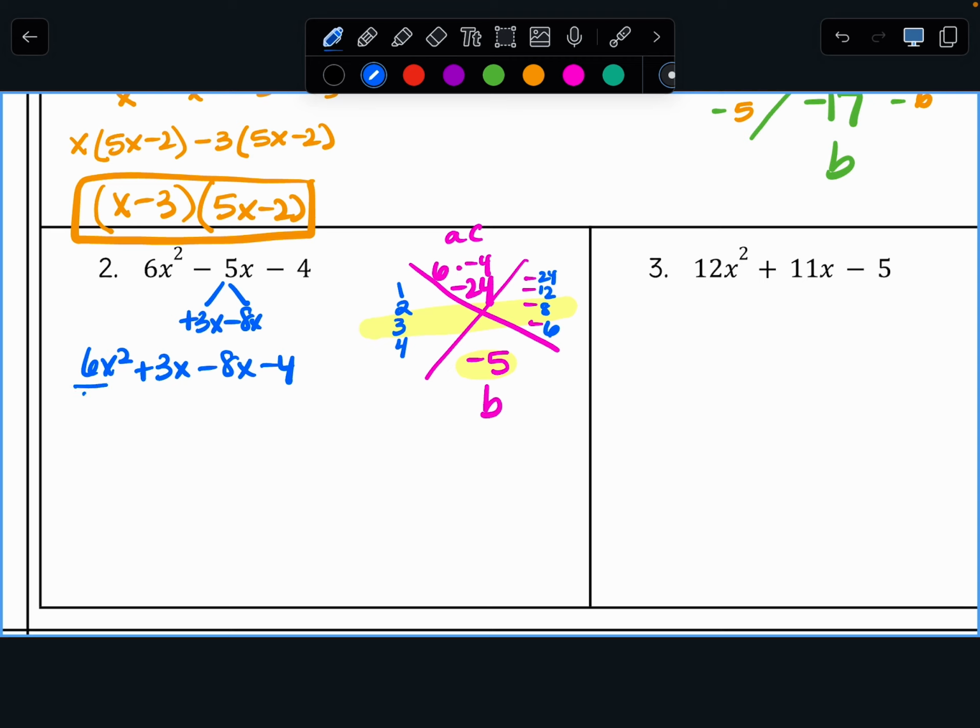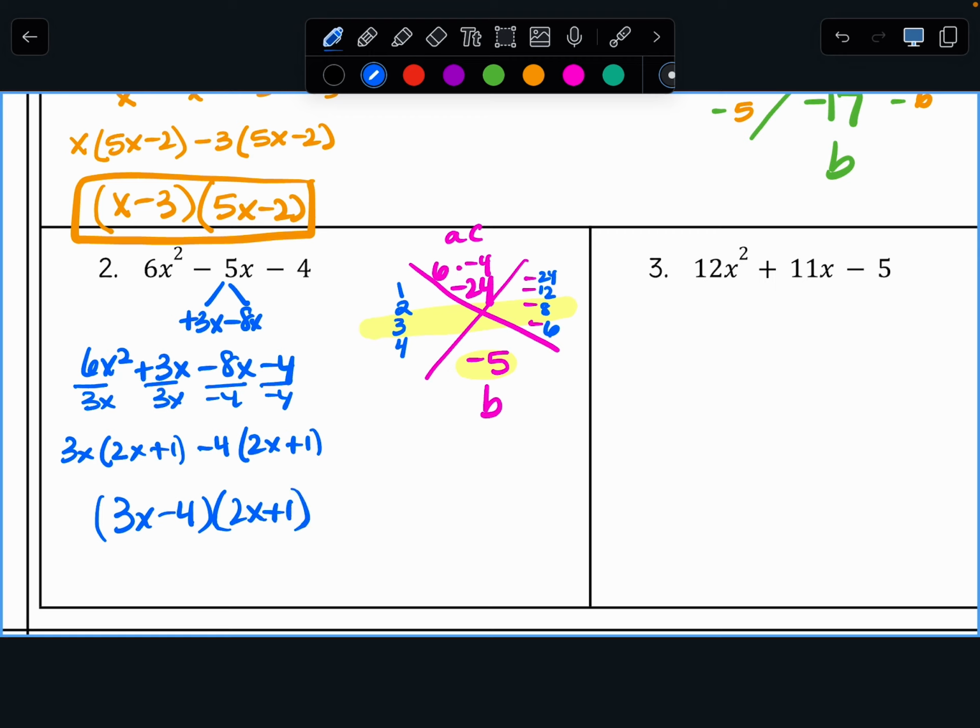I can divide this by 3x and this by negative 4. 3x times 2x plus 1 minus 4 times 2x plus 1. 3x minus 4, 2x plus 1.